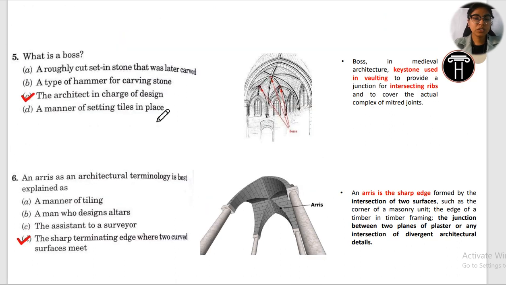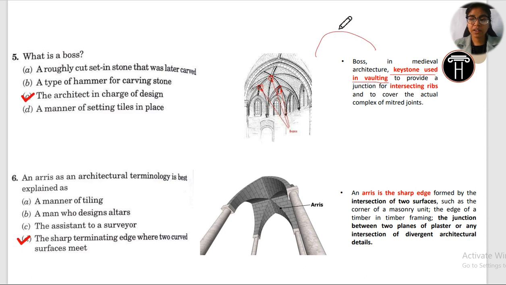Next term is, what is a boss? The boss is this part, this top one, these notches. In medieval architecture, it is a keystone used in vaulting.